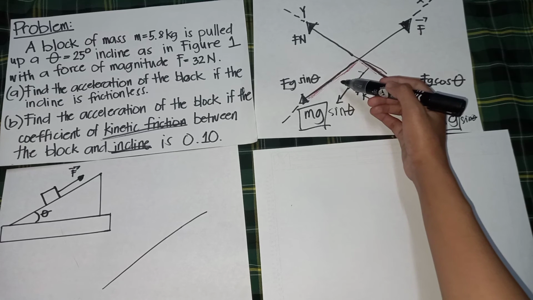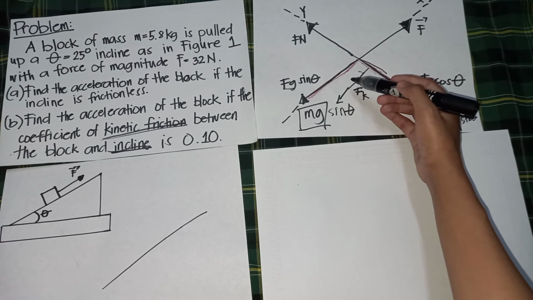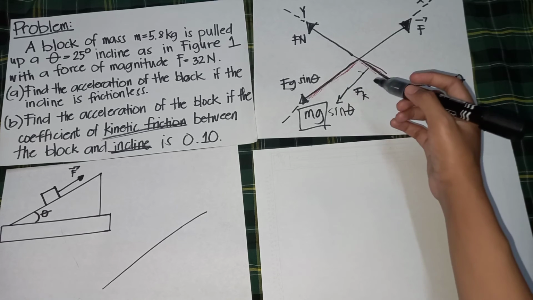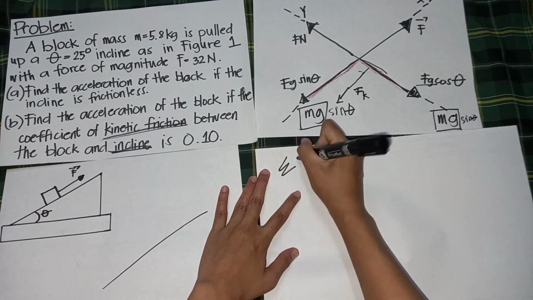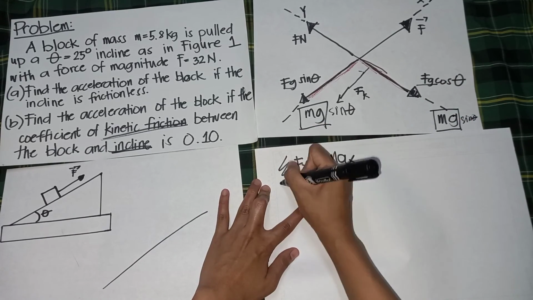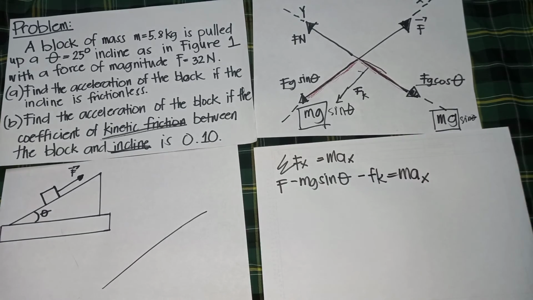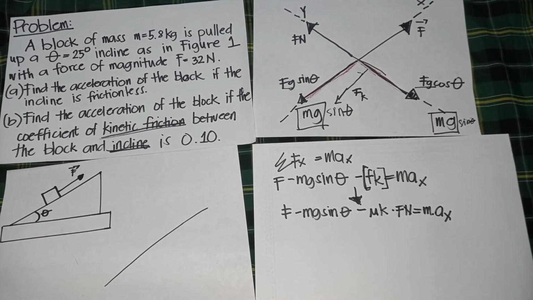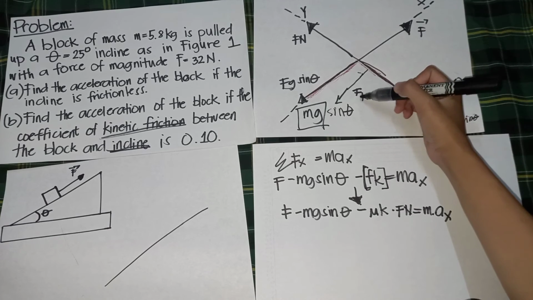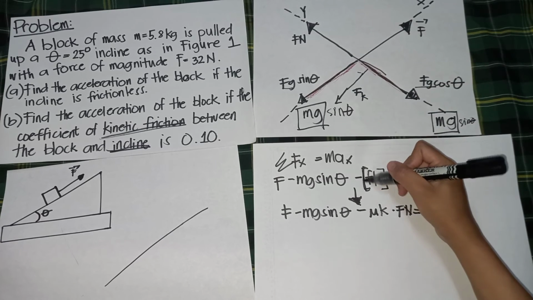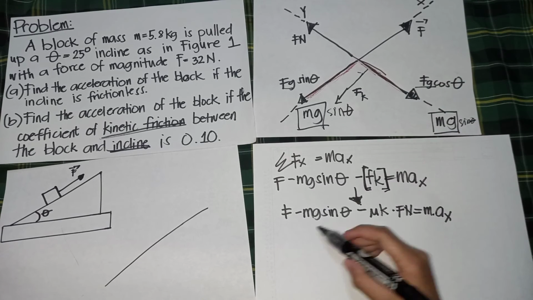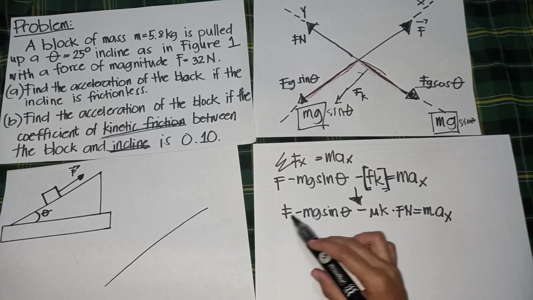So we'll go ahead and plug those into the sum of the forces. It turns out that F sub k, the kinetic frictional force, can be written using the following equation.